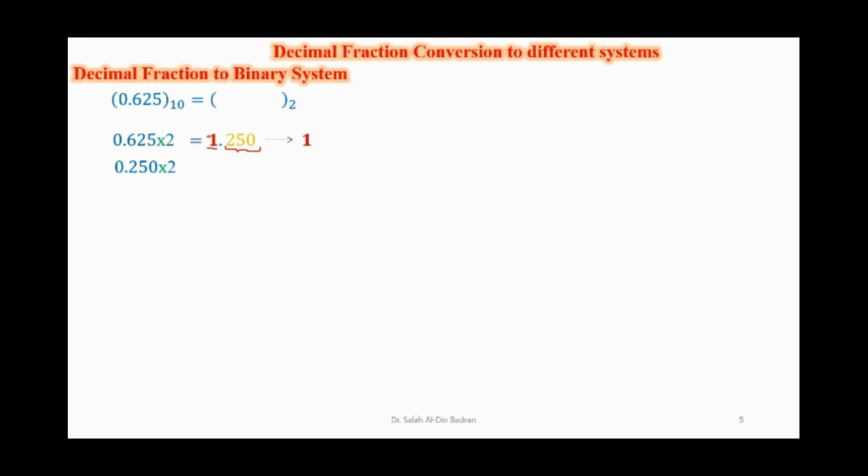Then we take the fraction part only. We will ignore this integer part. We take this part, which is 0.250, and repeat the multiplication by 2. We will get this number as a binary digit, and again we use this part, which is 0.5, and repeat the multiplication by 2.